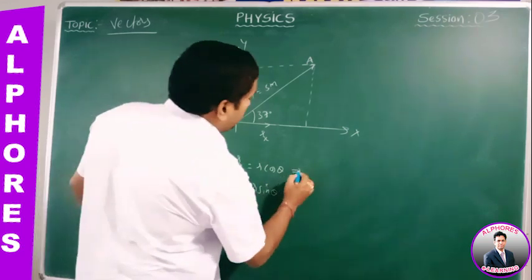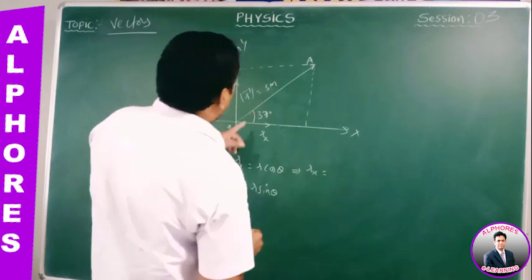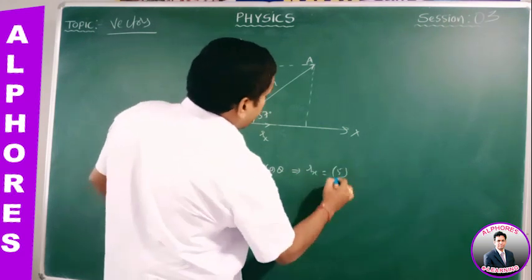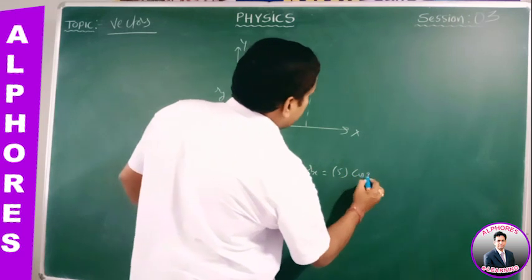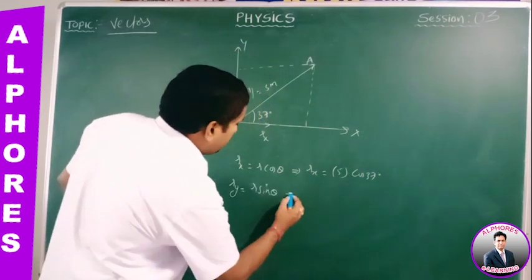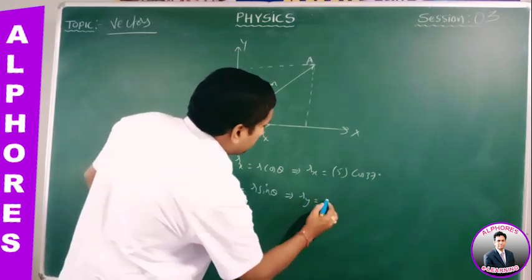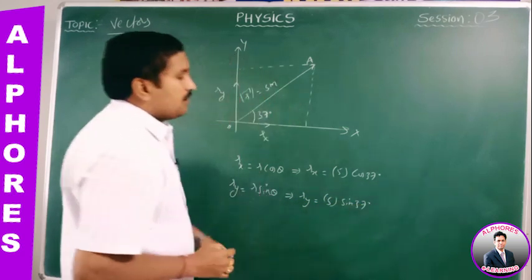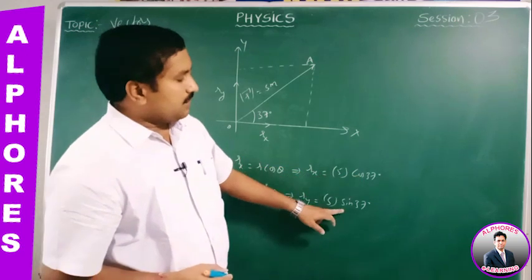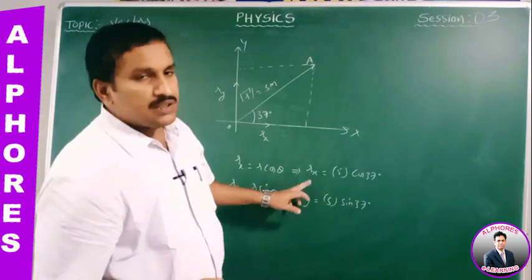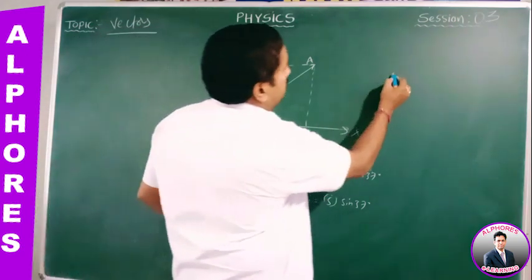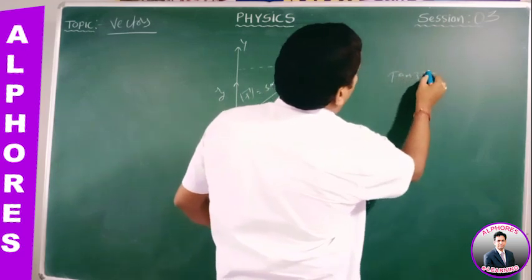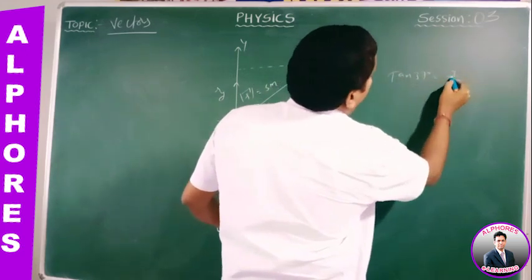Now, what about these values here? Rx is equal to r, here 5, cos 37. At the same time, Ry is 5 into sin 37. So if you know the values of cos and sin 37, then you get the values of the components of the given vector. We know already, as per trigonometry, tan 37 is equal to 3 by 4.